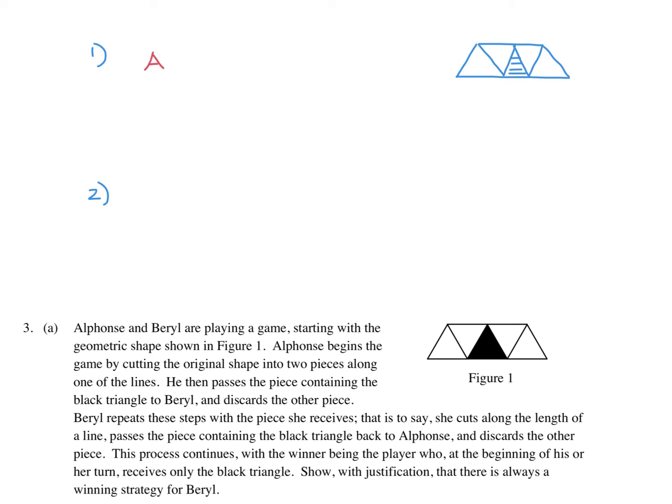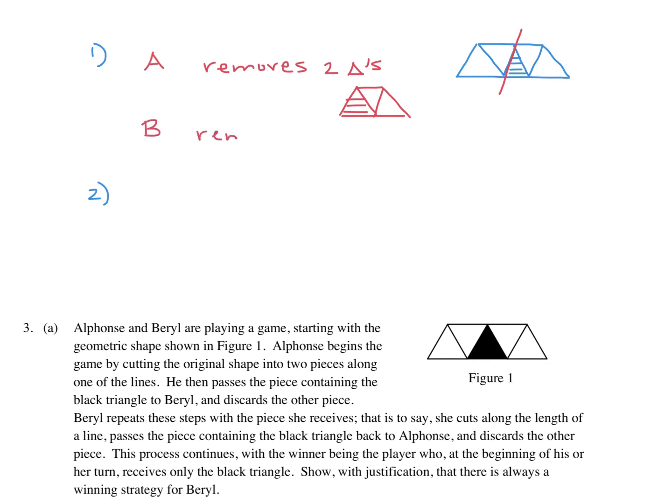So the first thing, the strategy is that you have to get Alphonse to remove 2 of these. So once that cut is made, he removes 2 triangles. And what you're left with is sort of this kind of scenario, where these 2 have been cut out. Then Beryl, it's her turn.